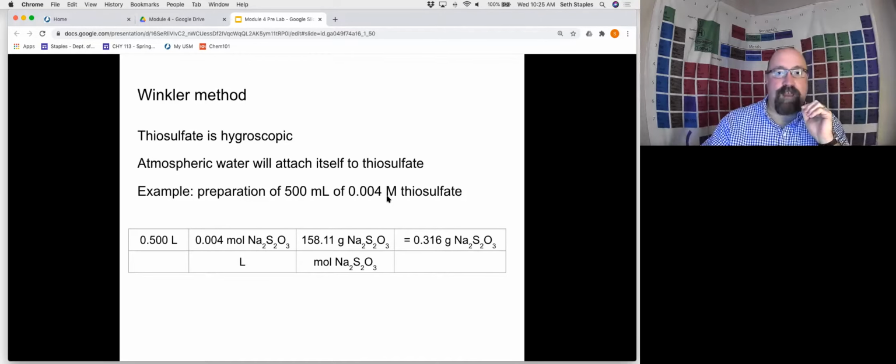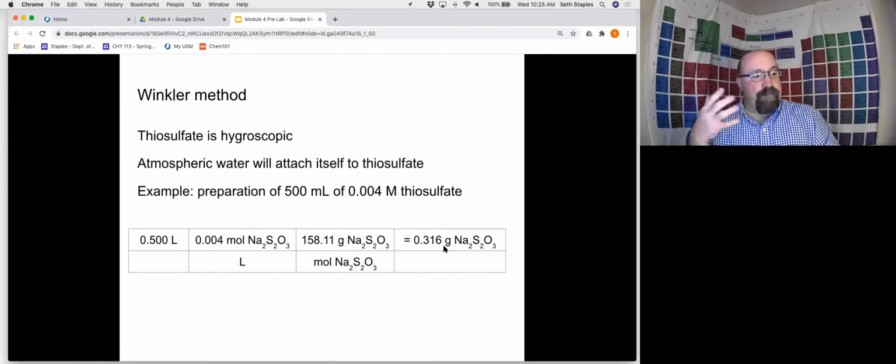In order to find out how much of the solid thiosulfate we need, we take the volume we're trying to make, 0.5 liters (500 milliliters equals 0.5 liters), multiply that by our molarity of thiosulfate, and then multiply that by the molar mass of thiosulfate. That tells us that in order to make this solution, I need 0.316 grams of my sodium thiosulfate.